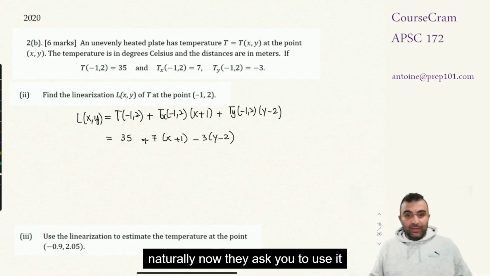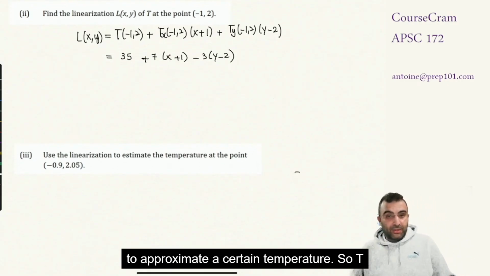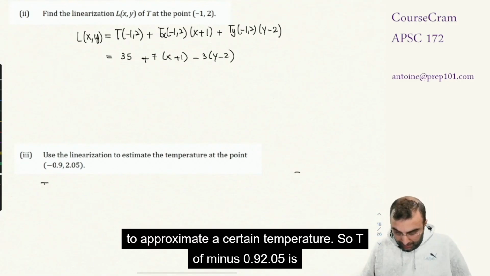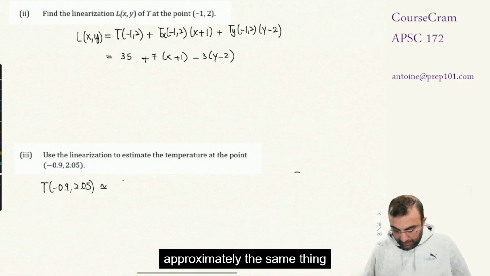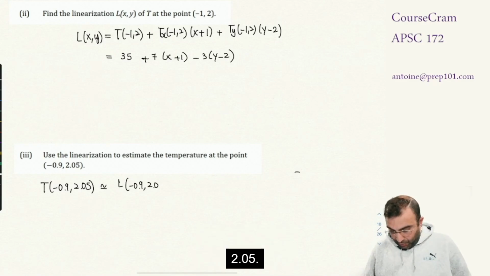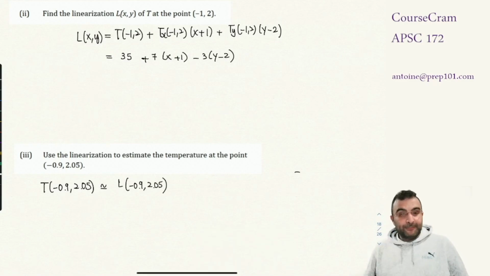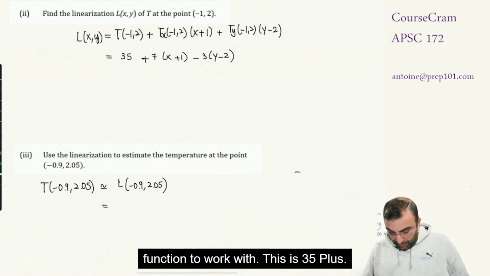Naturally, now they ask you to use it to approximate a certain temperature. So T of (-0.9, 2.05) is approximately the same thing as L of (-0.9, 2.05). And plugging those values in here, this is a very easy function to work with.